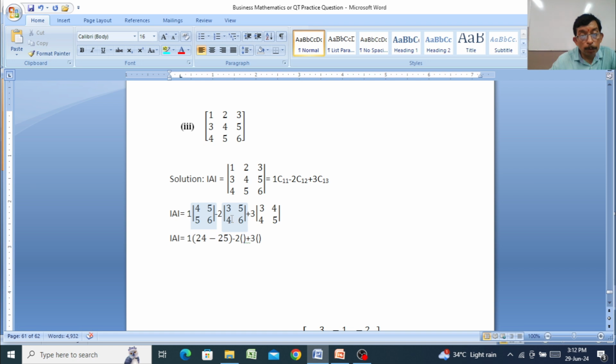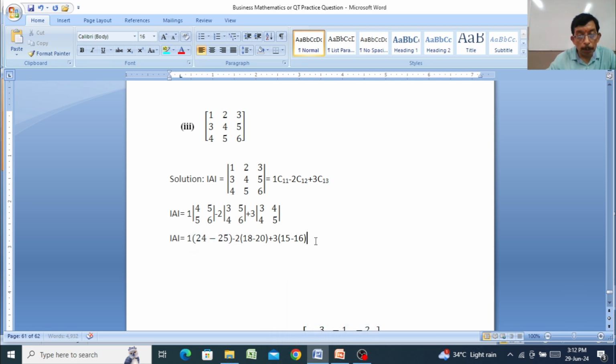The value of the cofactor is the difference of the cross multiplication of the elements: 3 times 6 is 18, minus 4 times 5 is 20. Now we come to the last cofactor C13. The value is obtained by the difference of the cross multiplication of the elements: 3 times 5 is 15, minus 4 times 4 is 16.